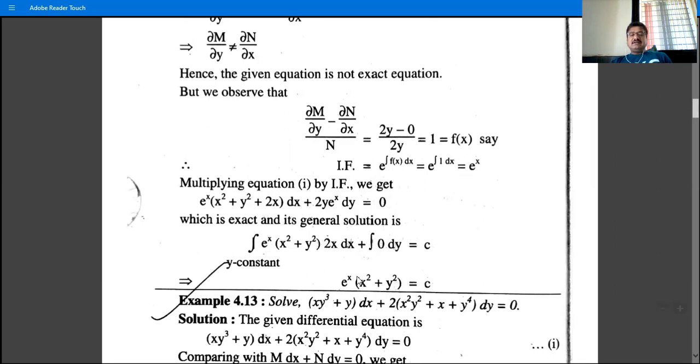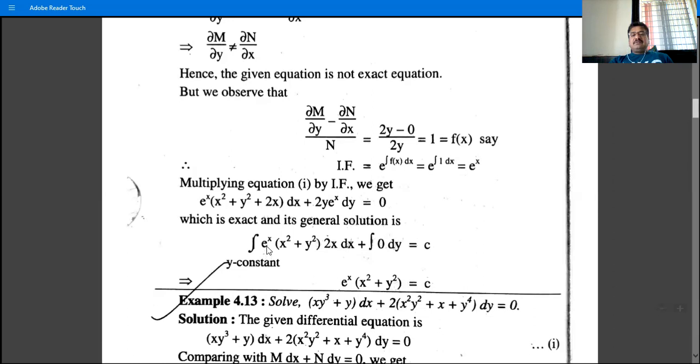And then the integration is by the u into v rule. Suppose e raised to x as it is, and we need the integration of (x square plus y square plus 2x) dx. Okay, so don't use u into v, we have to find the integration.